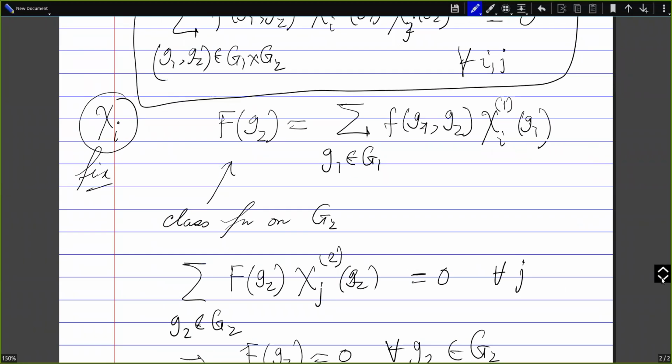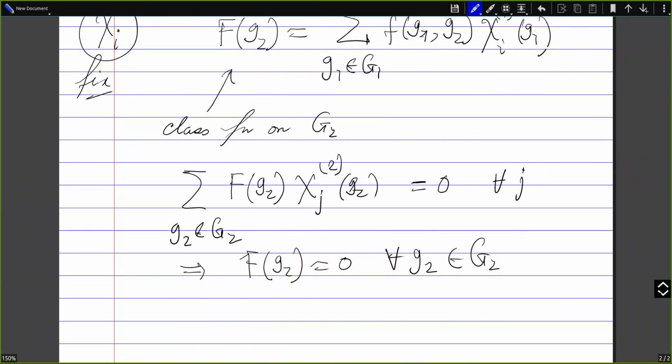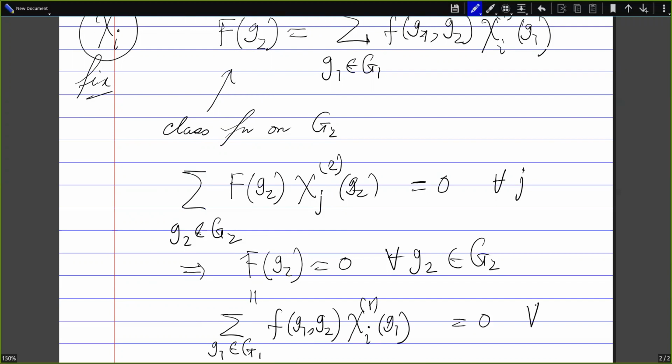Remember how f is defined? Let's just write it: f_i(g2) is nothing but the sum over g1 in G1 of f(g1, g2) chi_i(g1) conjugate, and this is 0 for every g2. Now you see this is what we get for any i that we fix in the beginning. Whatever i I fix, I write an f accordingly.